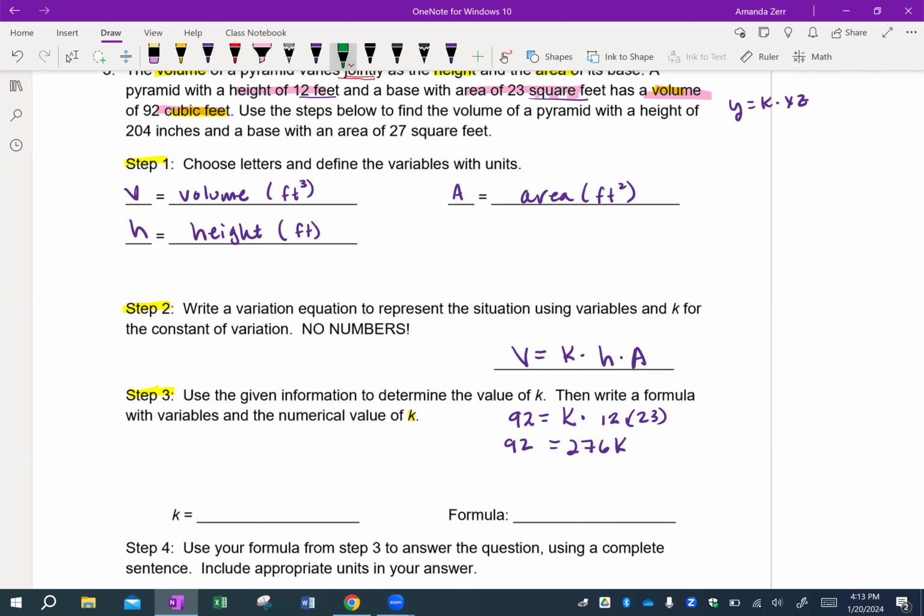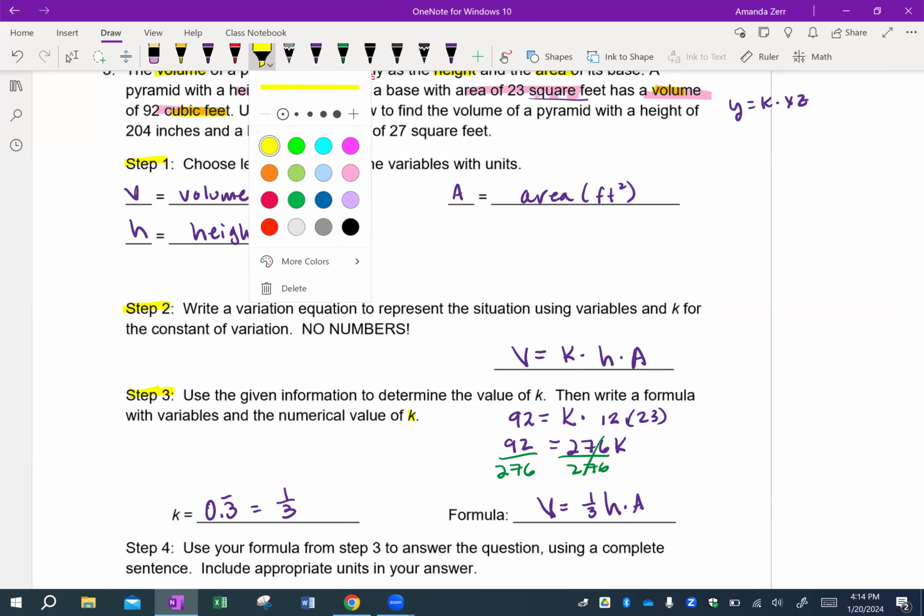And then I can divide both sides by 276. And that gives me my K value. 92 divided by 276 is 0.333 or 1/3. You can just show that with a bar over the 3, and that's the same thing as 1/3. So my volume is equal to 1/3 the height times the area.